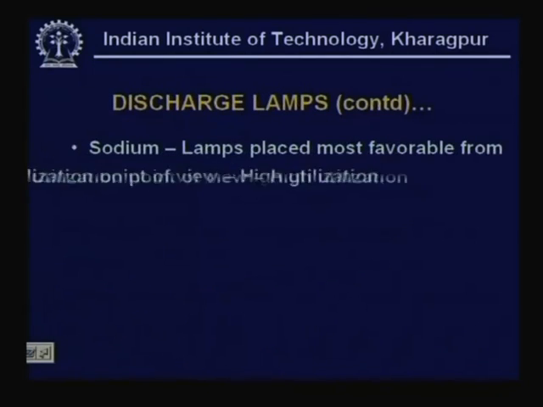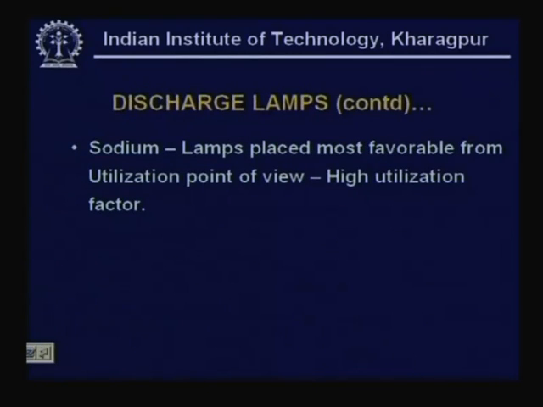So continuing with the discharge lamps, we saw that sodium lamps, having their band spectrum located close to the peak sensitivity of the eye, are very favorably placed from the utilization point of view, and we say that a sodium vapor lamp therefore has a high utilization factor.